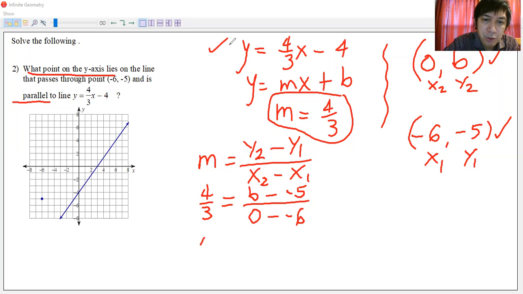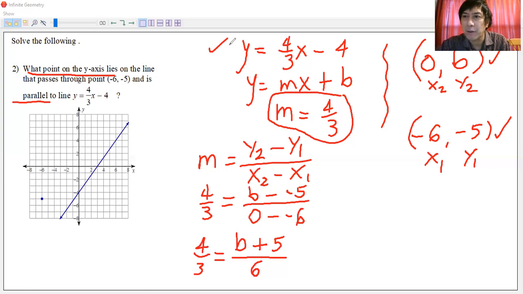So this is 4/3. And this is b minus -5, which is a plus 5, and this will be over 0 minus -6. That's just a positive 6. There. All right. So if we're going to continue, we cross multiply.